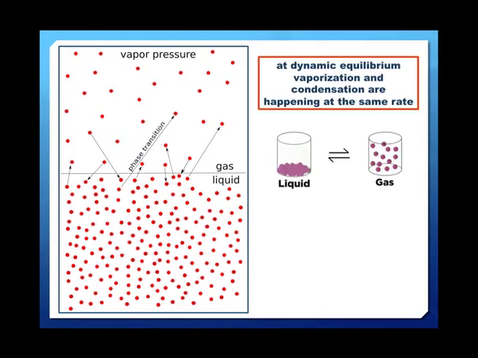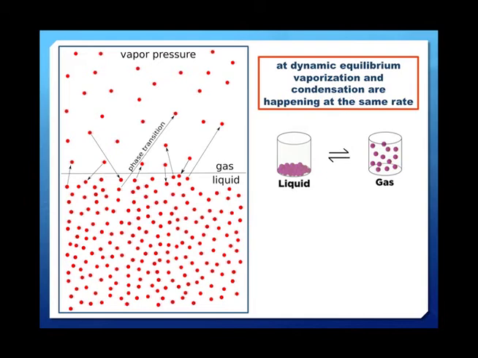If these two things are occurring at the same rate, we have a dynamic equilibrium between the liquid and gas phases. This is a situation where nothing appears to be changing, but the word dynamic implies that change is still occurring, just with equivalent rates. So the amount of liquid and gas do not increase or decrease.